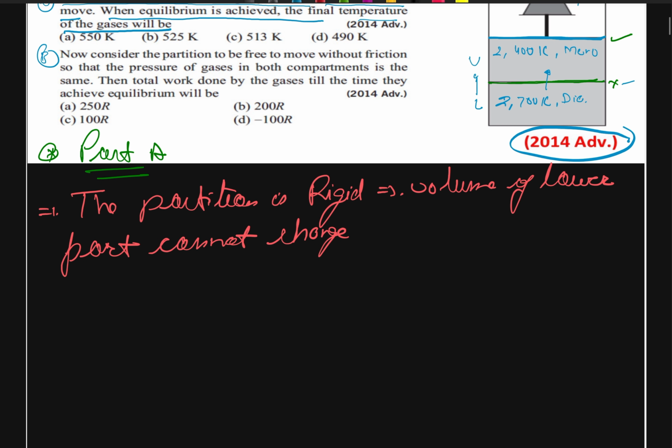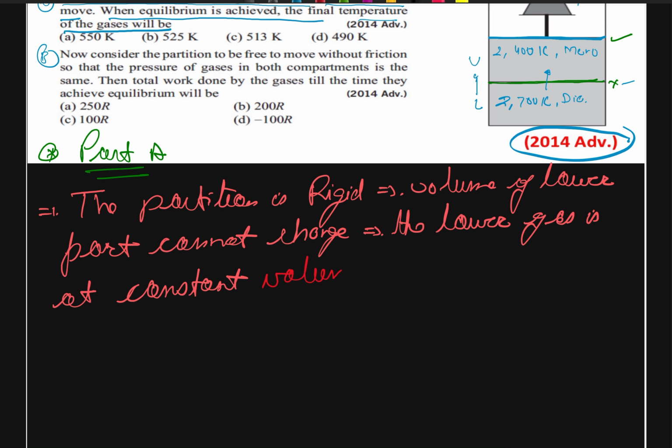So from here we can say the lower gas is at constant volume.